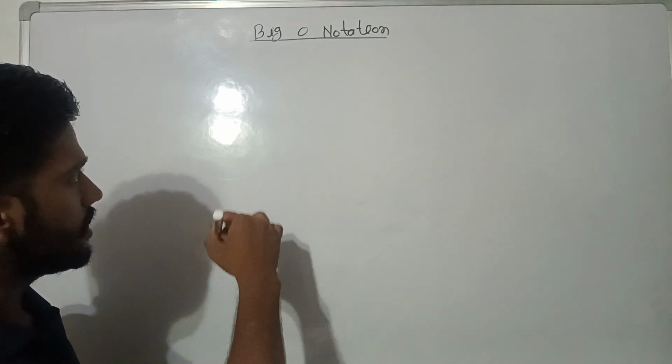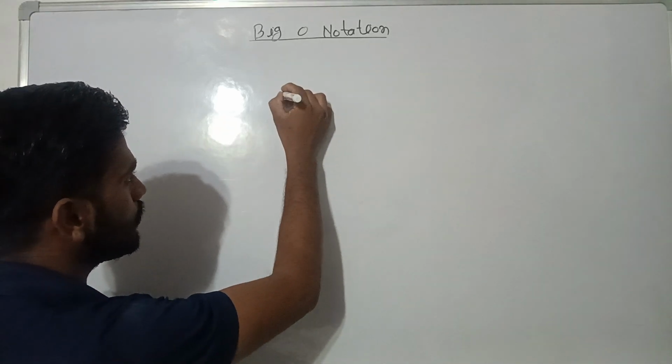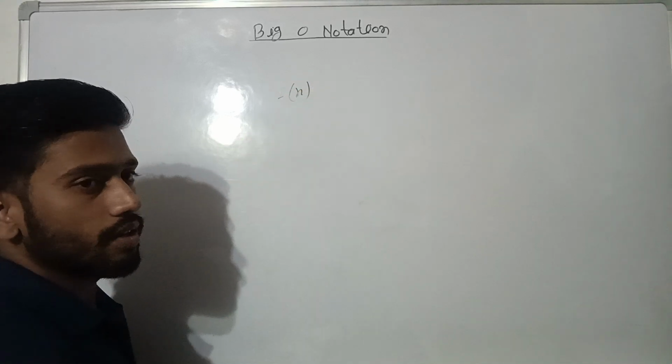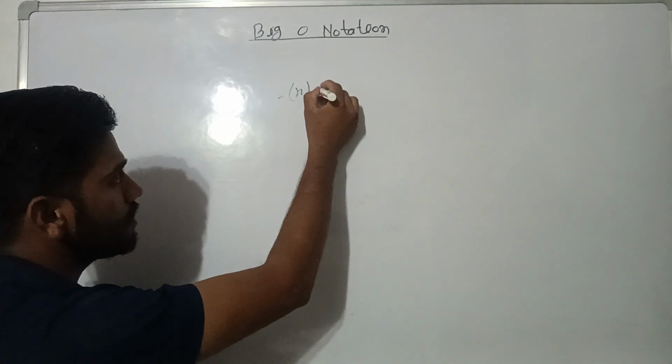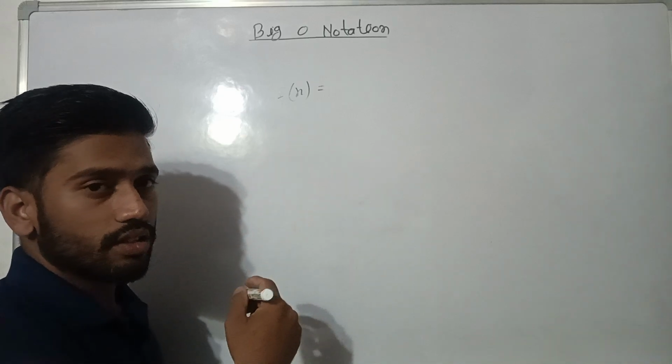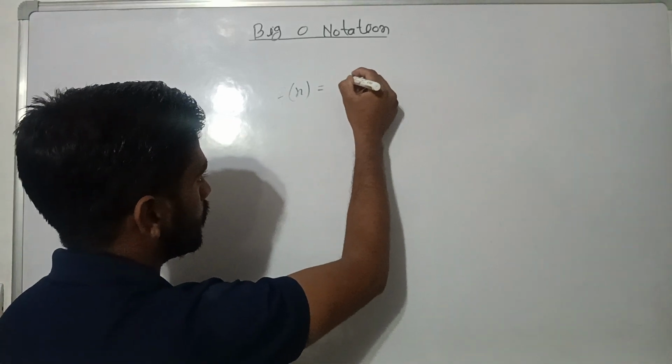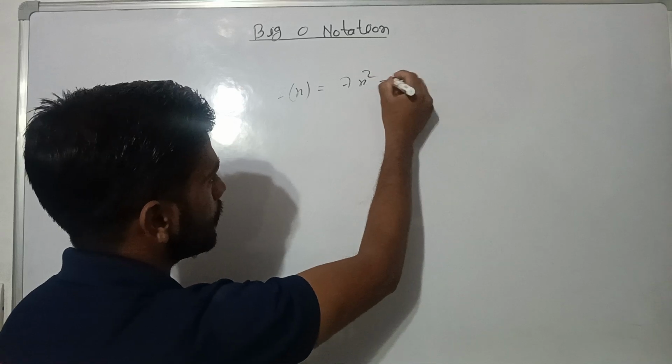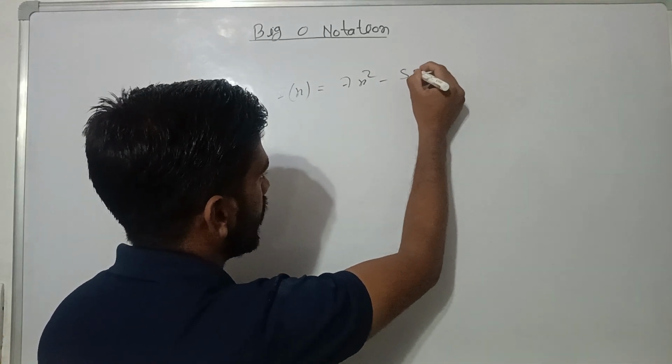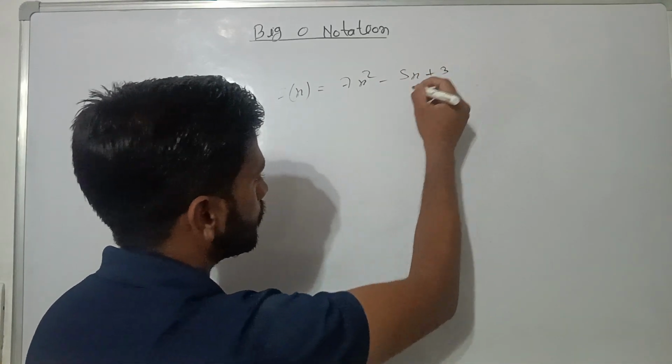if there is a function f(x) that gives any value, suppose it is 7x square minus 5x plus 3.